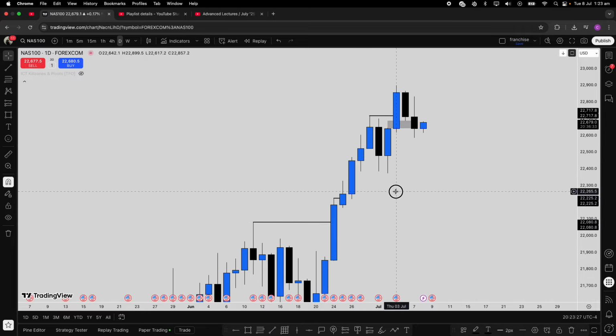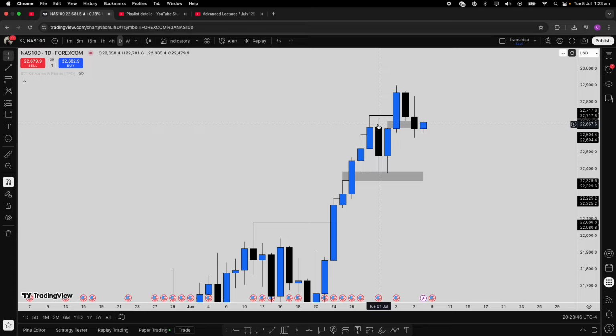However, you would then adjust and use the lower time frame, as in the 4 hour and hourly. But then the same logic is applied here. What do we do? Take out ERL. What have we got below? IRL.